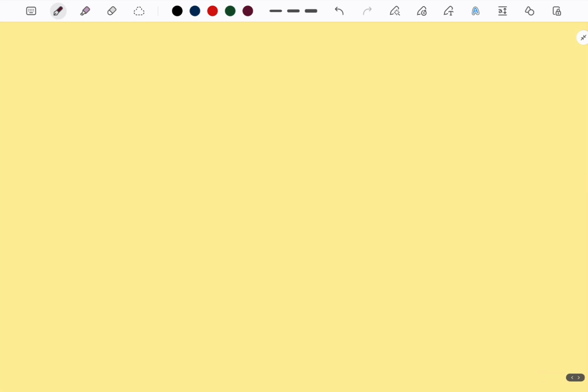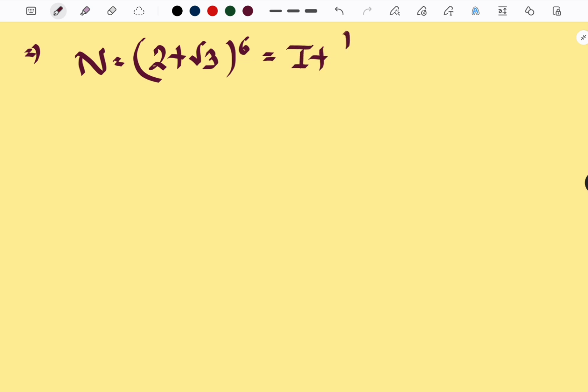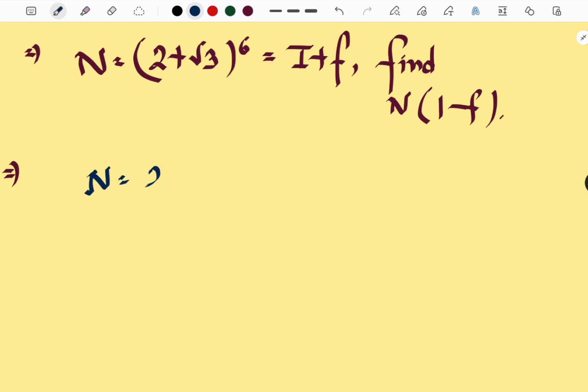Next, in the next series, for example, a simple question: if I say n is equal to (2 plus root 3)^6, equal to, let's say, I plus f, what you are required to find is n times (1 minus f). How are you going to find it out? It's simple. From the previous observation, let's say n is equal to (2 plus root 3)^6, which is equal to I plus f.